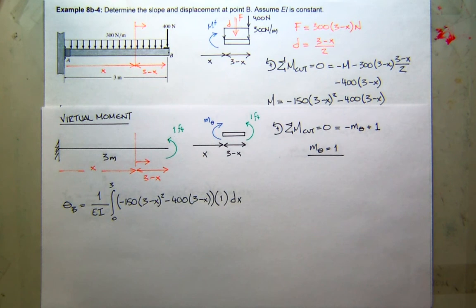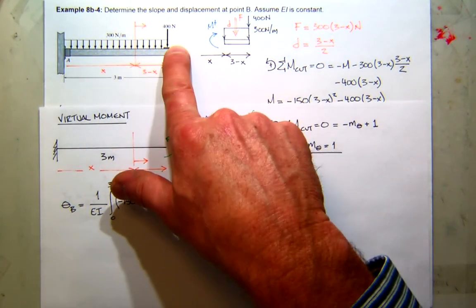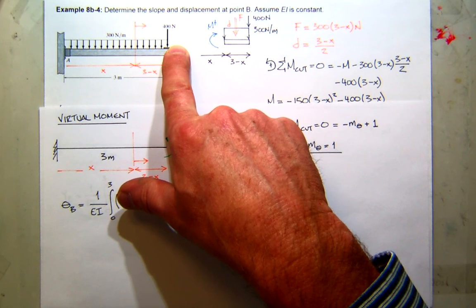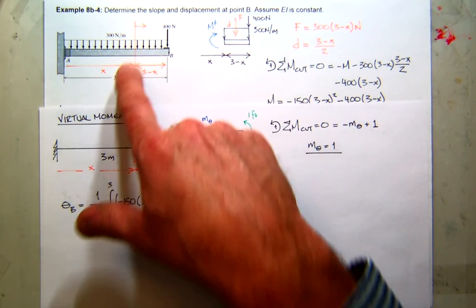So how do we know which one to use? Like, I started doing some conjugate beam, but then I realized it's hard, so I went back to a different way. Well, I'm going to say that if you have a continuous load, direct integration and virtual work are your friends. If it's not continuous, then you have to look at it carefully.